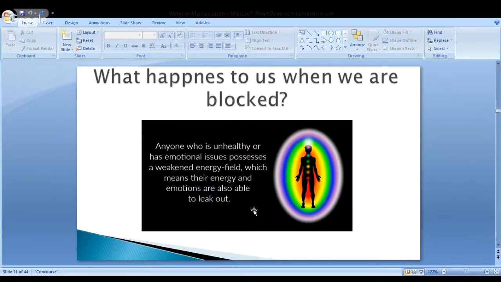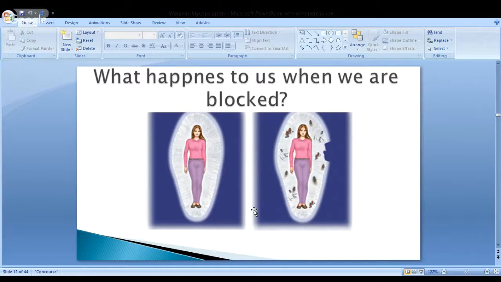So now, when you have somebody who has unhealthy emotional issues, they possess weakened energy fields. If you have a look at this, on the left hand side is the normal aura. But somebody who has blockages is similar to the right hand side.